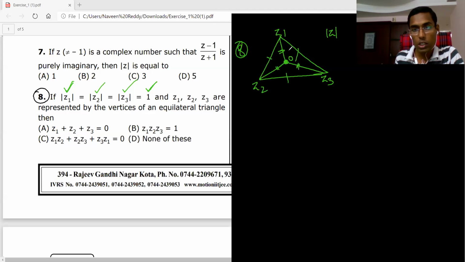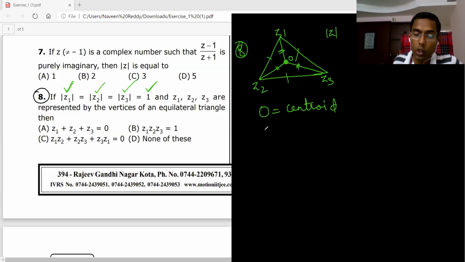Because it's an equilateral triangle, what you can say is this origin itself is the centroid. Now the centroid is origin, that is 0 comma 0, right?